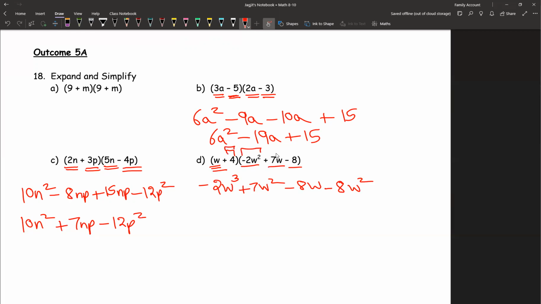You take the same 4, multiply with this, you get 28w. Take the same 4, multiply with minus 8, you get minus 32. Now you combine all the like terms. We have minus 2w cubed. 7w squared minus 8w squared will be just minus w squared. Minus 8w plus 28w will be plus 20w minus 32.